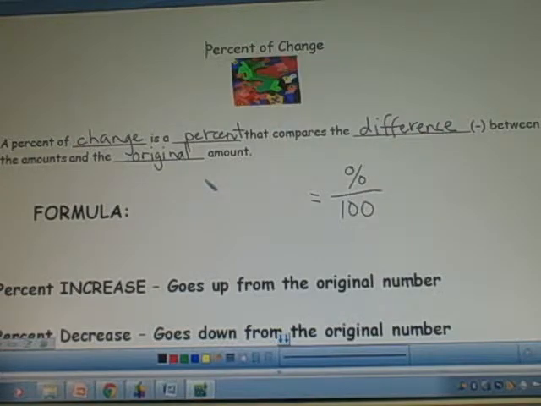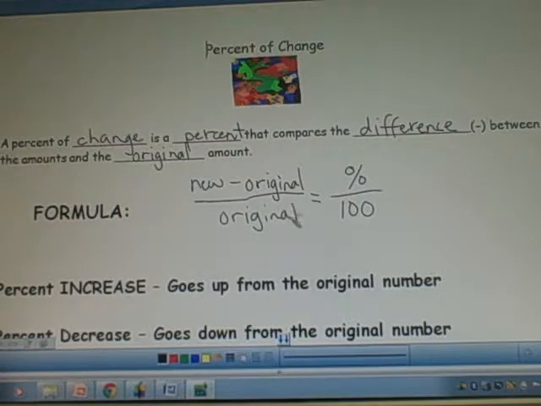So the is part is going to be the new amount minus the original amount, all over the original amount. That's our comparison, the difference to where you started.